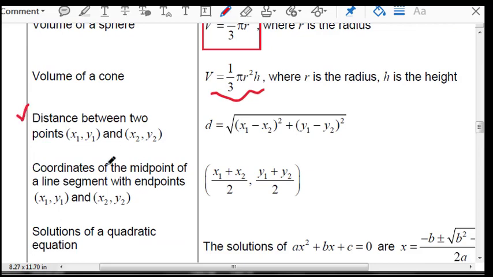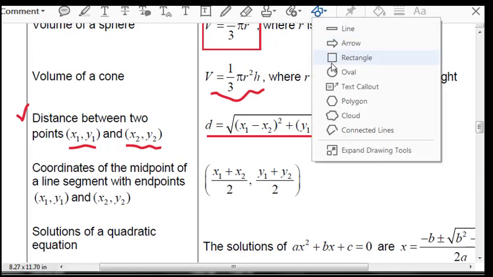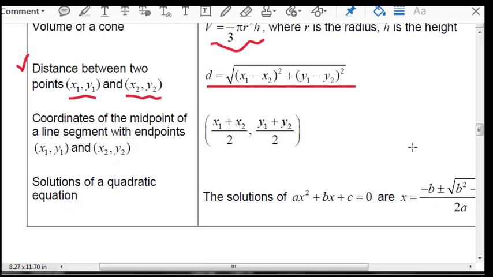And distance between 2 points, when one point is given x1, y1, and the second point is given as x2, y2, then the formula is root over (x1 minus x2) whole square plus (y1 minus y2) whole square. That is the difference between first coordinates and the difference between second coordinates.